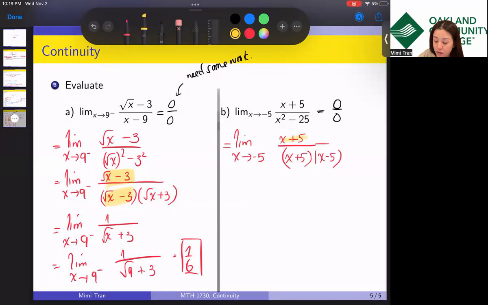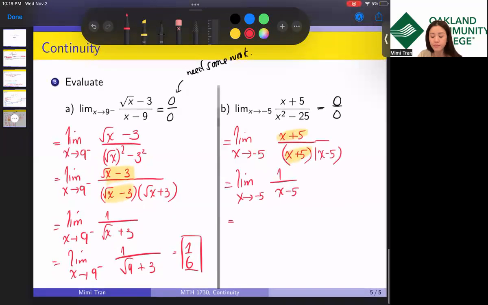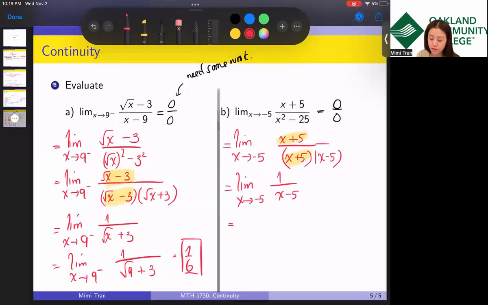Then I can cancel the x plus 5 and x plus 5. So I have the limit as x approaches -5 of 1 over x minus 5. Plug in -5 now, right? It's 1 over -10.